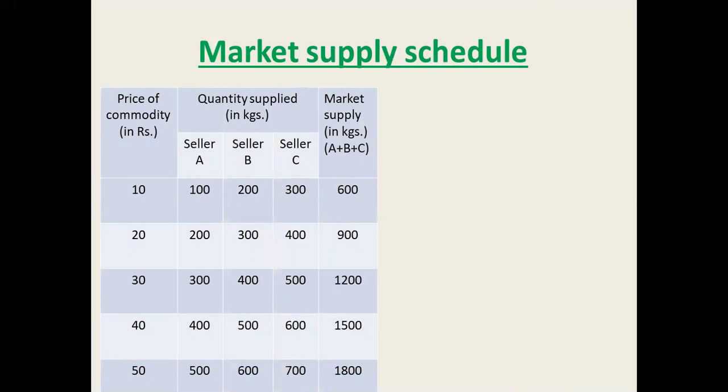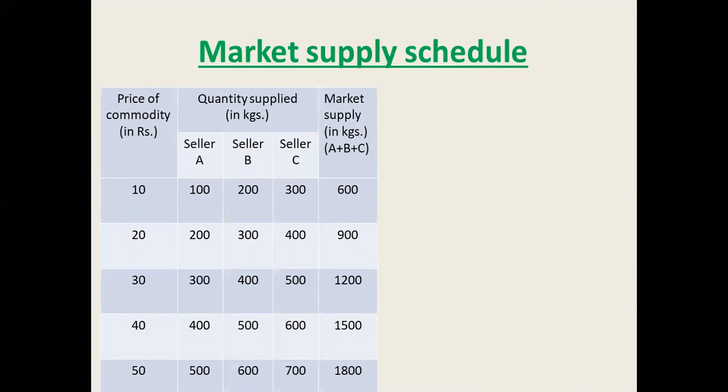At the higher price of 50 rupees per kilogram, A plus B plus C, the summation of these three sellers' supply, is 1800 kilograms. So at the highest price, supply is higher at 1800 kilograms.